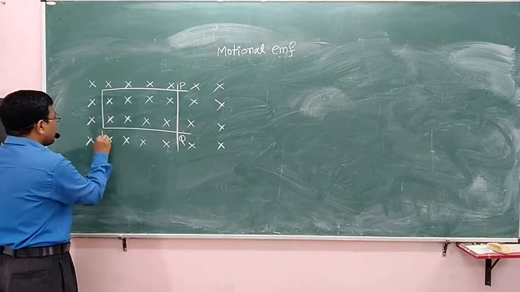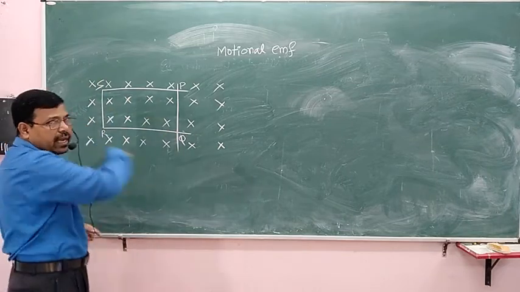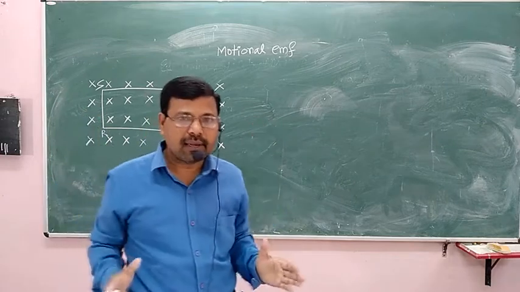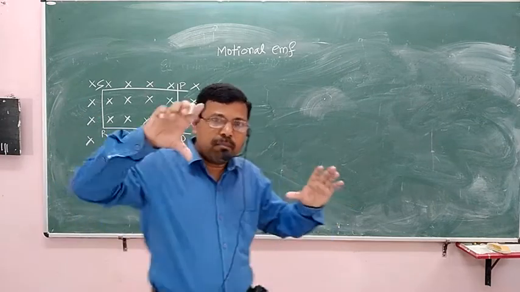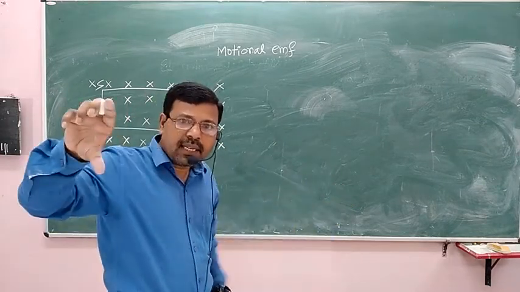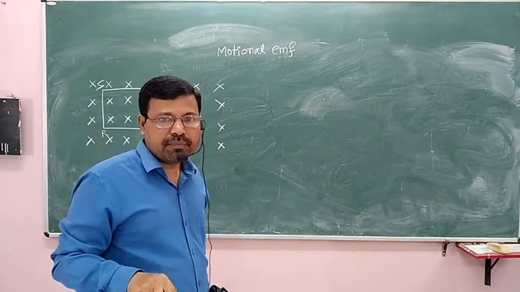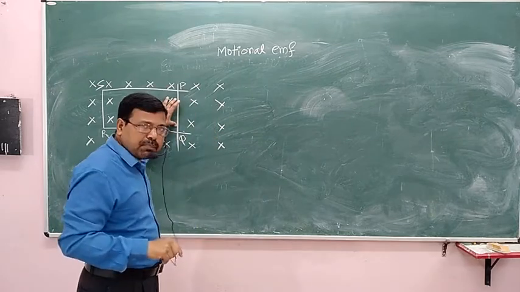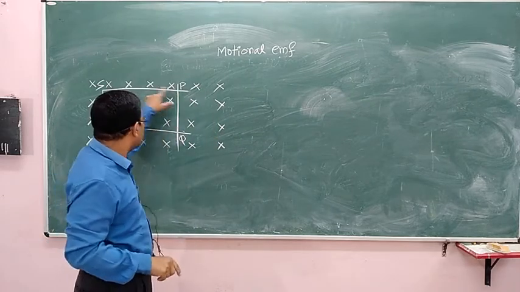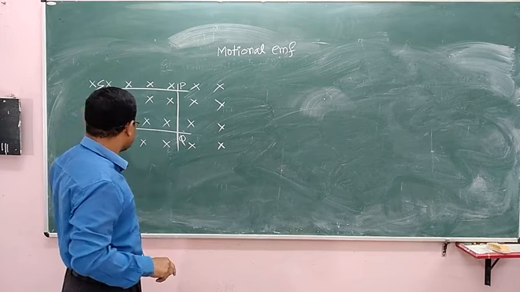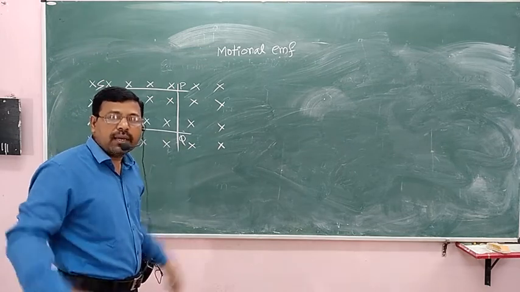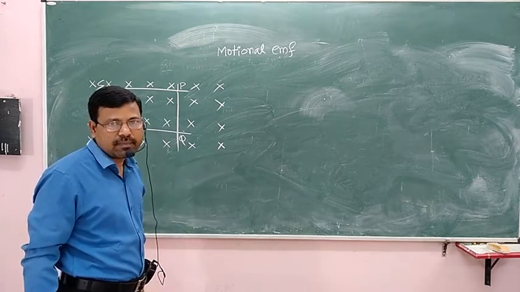PQRS is a rectangle in which PQ is a conductor which can move freely on the frame. Only this PQ has resistance. The remaining PS, SR and RQ have negligible resistance.